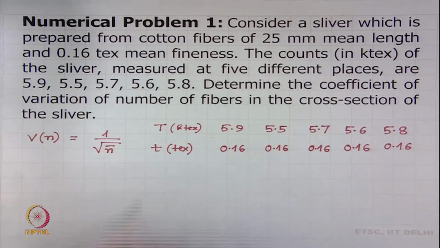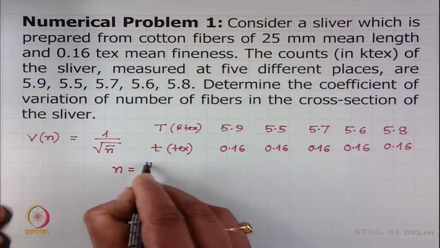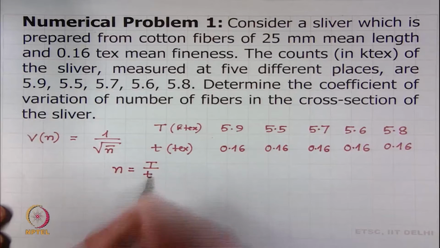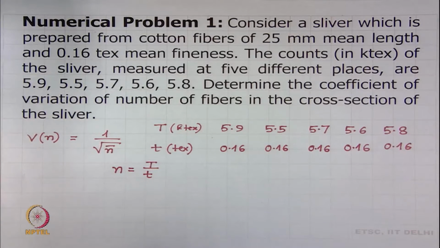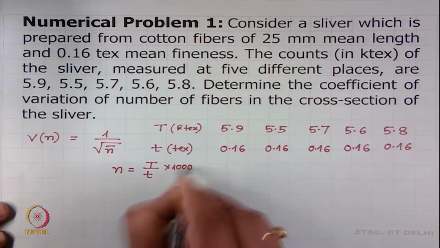Then we need to find out number, small n, which is capital T into 1000 divided by small t.